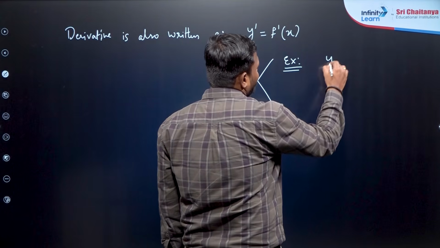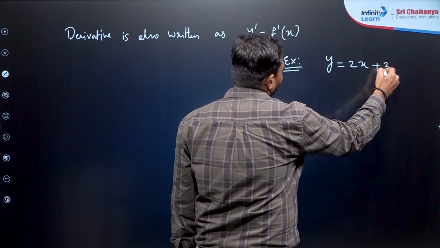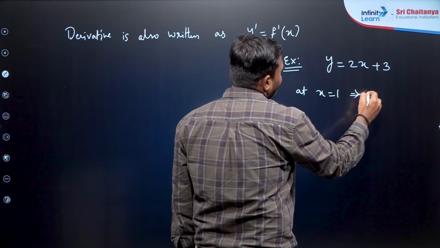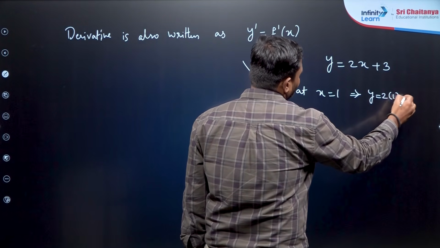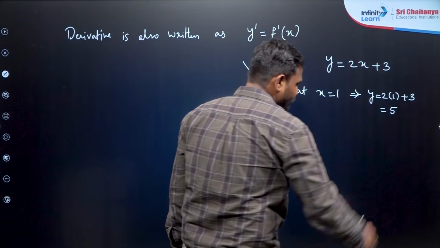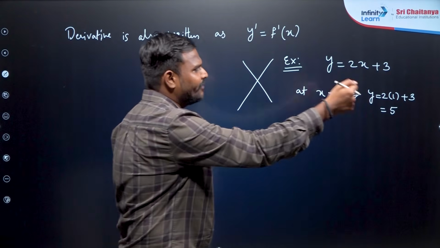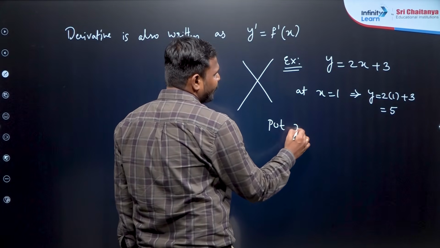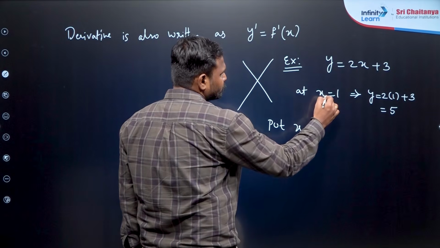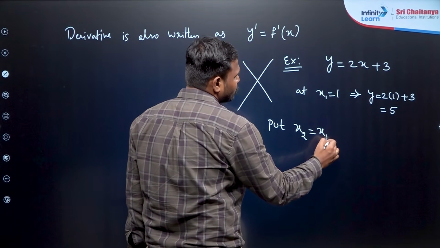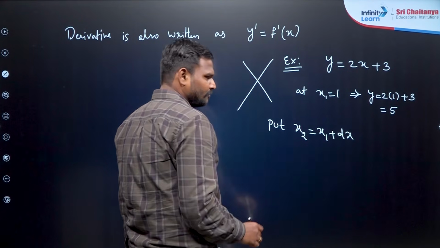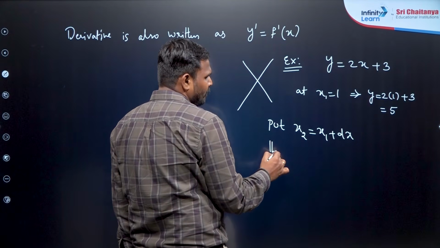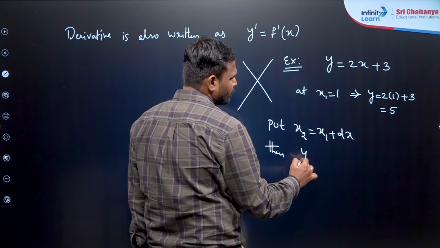Let us say y is equal to 2x plus 3, and at x is equal to 1, how much is y? 5. If you take x value as 1, y value is 5. Now what I am going to do, put x value x1 plus dx, and if you are changing the independent variable, then the dependent variable also will change.